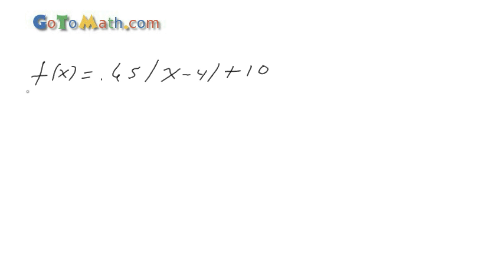Okay, so the first thing we want to do is take the derivative. F prime of x is equal to, so remember the derivative of the absolute value function, you just rewrite what's in the absolute value.